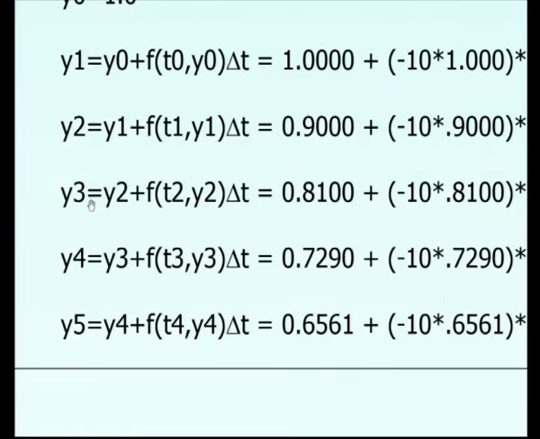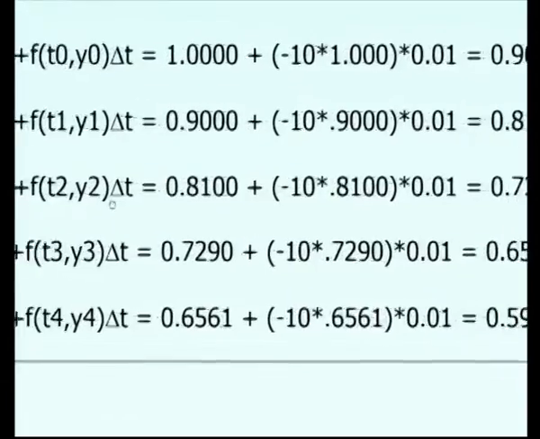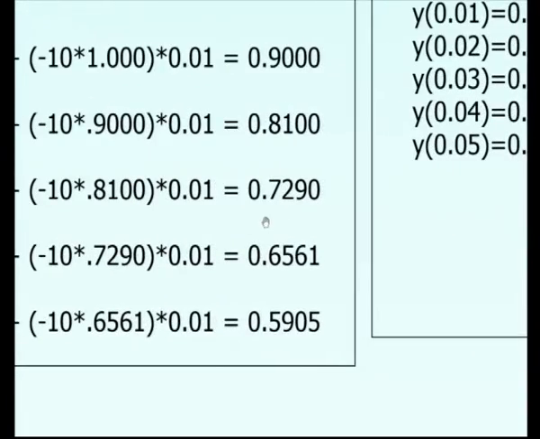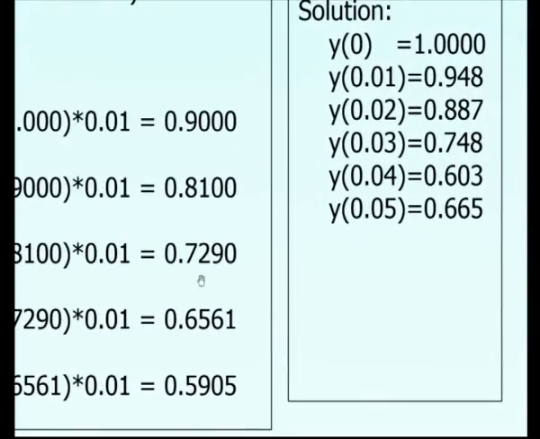Similarly, the third step is calculated from the second one using Euler's method, that is the y value at the second step plus the function value at the second time step multiplied by the step size, and that will give you 0.7290. You can verify with the exact solution.